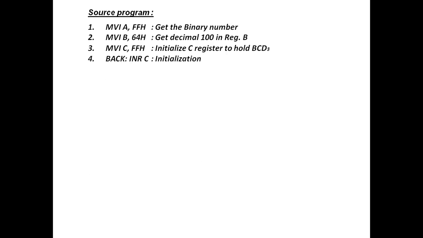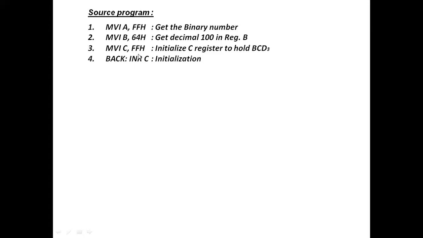And for that particular purpose, we have stored FF. Why have we stored FF? Because the next value after FF will be 0. So what we are doing is incrementing C, which means we are initializing the value of C. Whenever INR C is done, and the previous value of C is FF, when it is incremented by 1, F and 1 become 0, and F and 1 become 0.